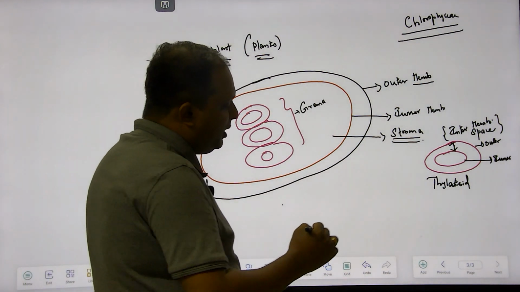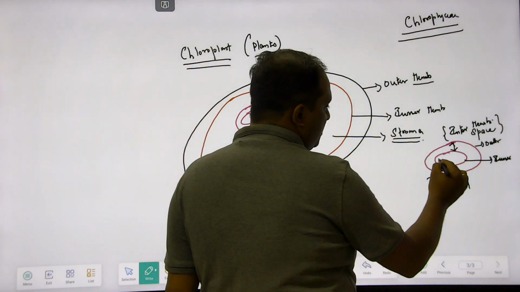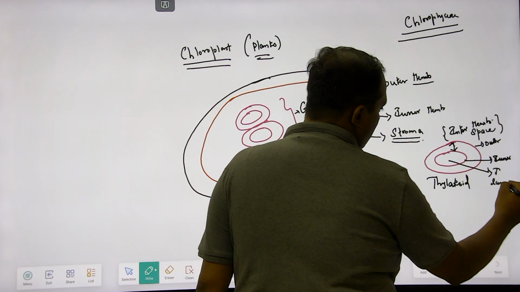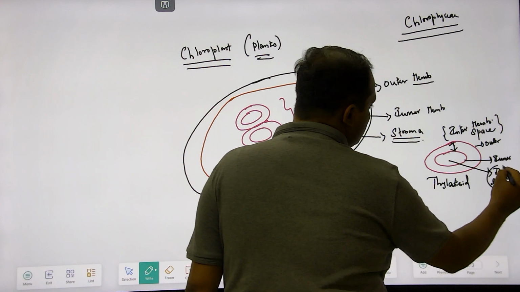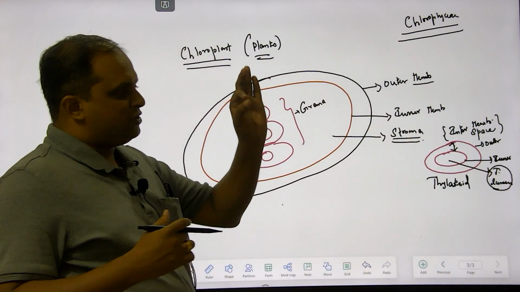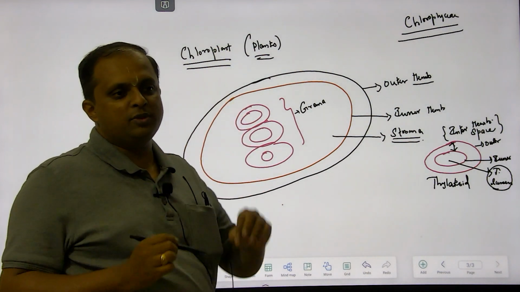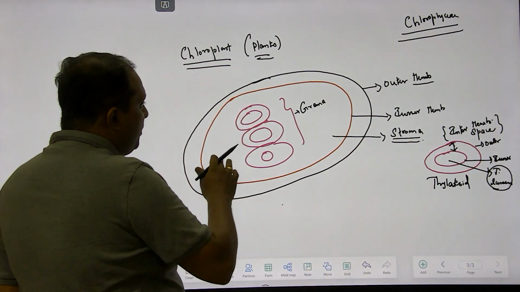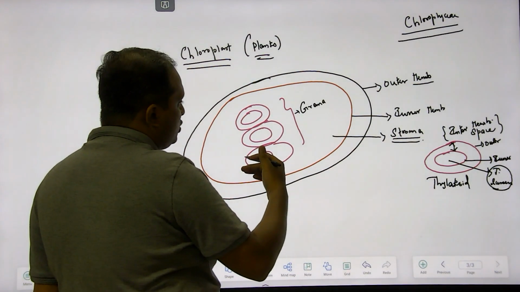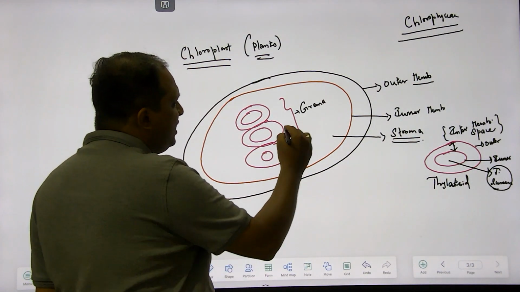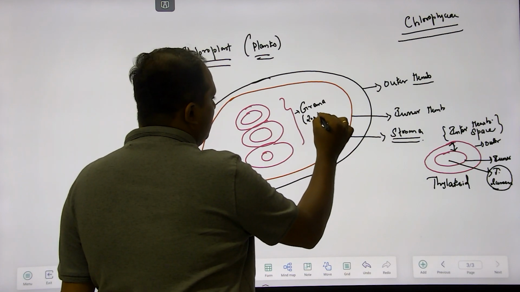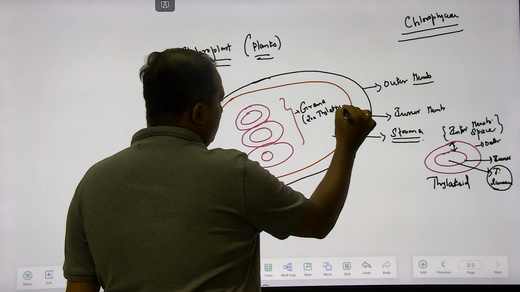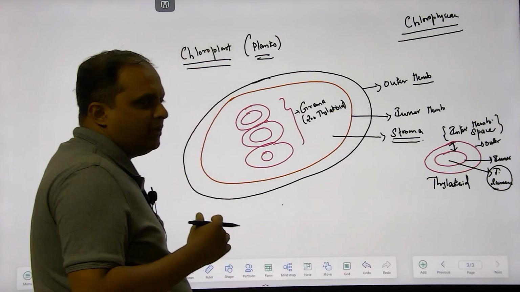I forgot to mention, there is a lumen present in the thylakoid, which is called the thylakoid lumen. Lumen generally means a space. If this is a tube, the space inside the tube is what we generally call lumen. So a stacking of thylakoids is what is called grana, which generally has approximately 200 thylakoids.